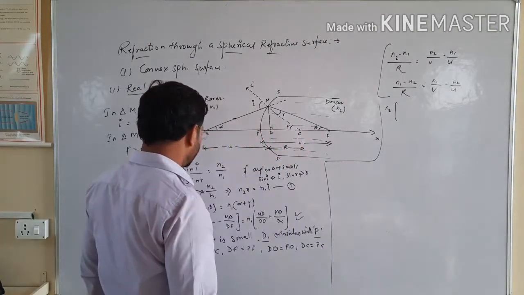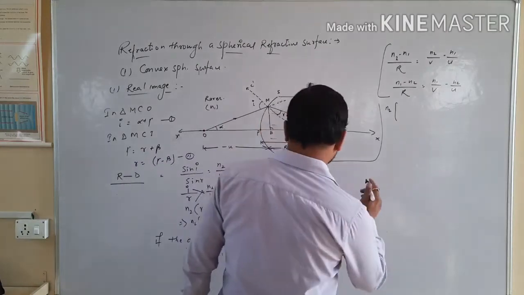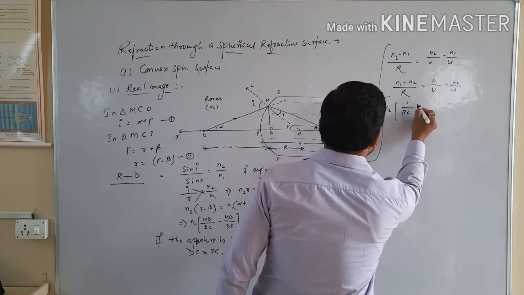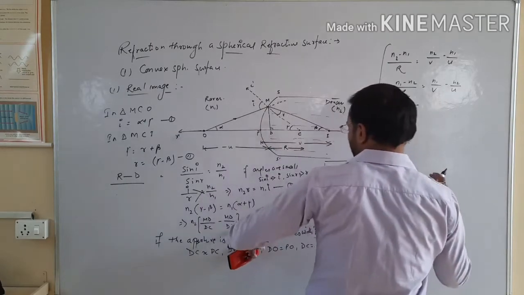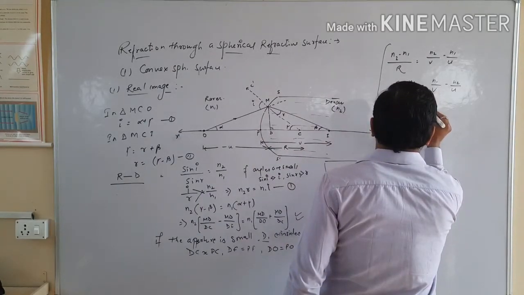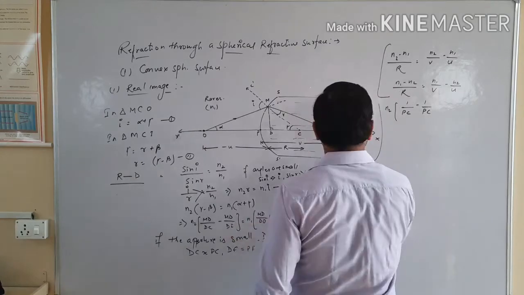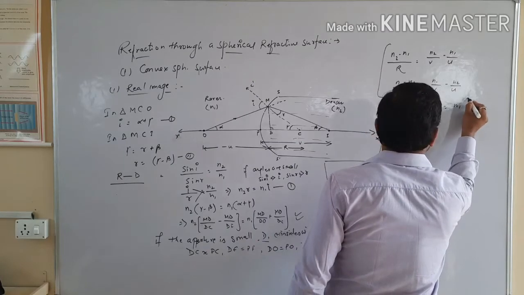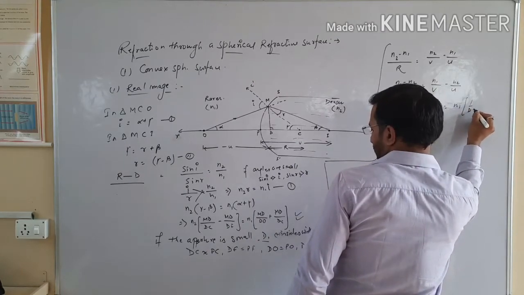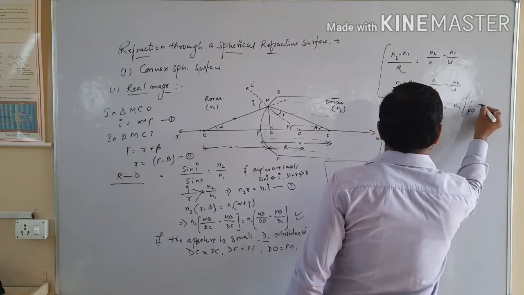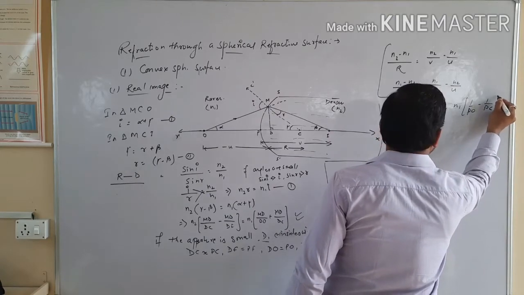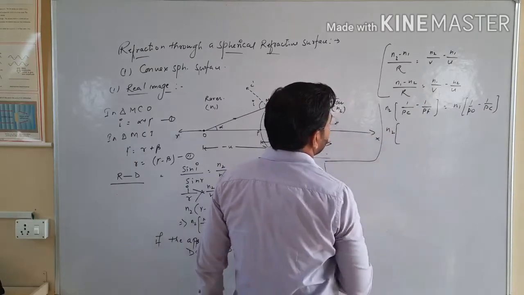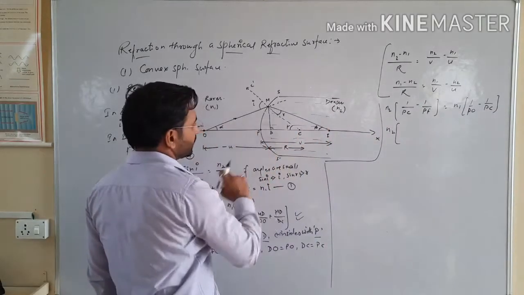See here, N2 times 1 upon PC minus 1 upon PI, in place of this I can write V, equals N1 times 1 upon PO minus 1 upon PC. Point clear? So student, now I will write the values which are in front of you.